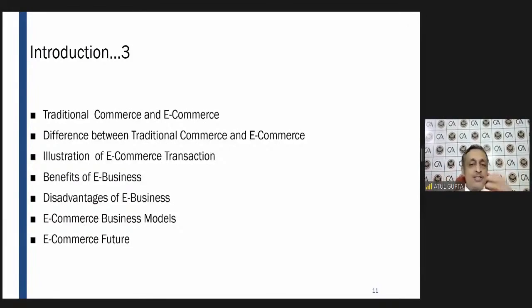So what will happen? Suppose there is an online mango shop and all these varieties of mangoes are kept there. You click on, say, Langda mango from Uttar Pradesh or Hapus from Ratnagiri, Alfonso.